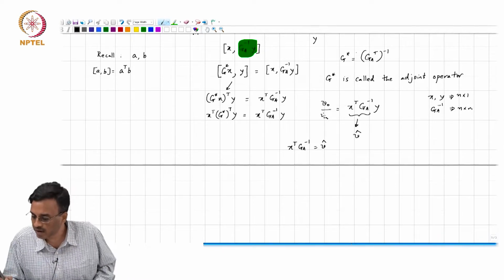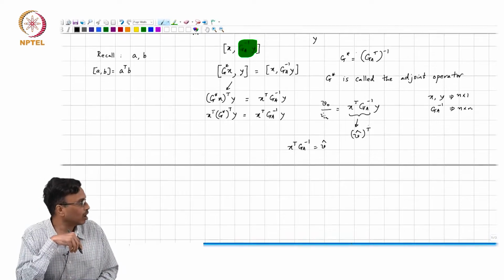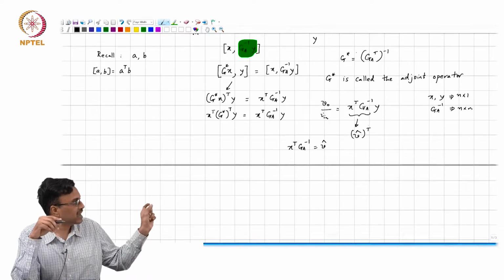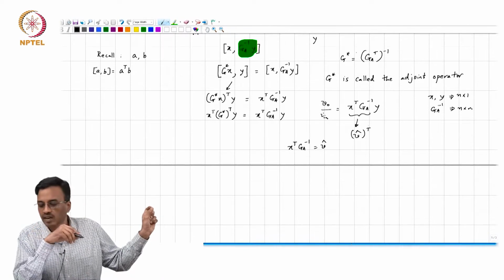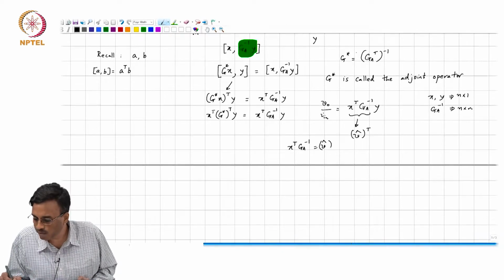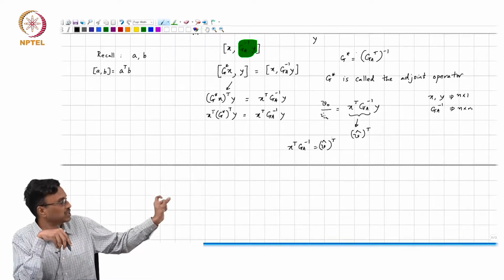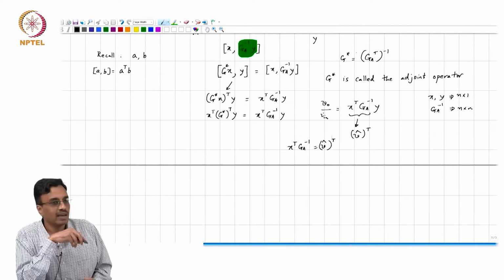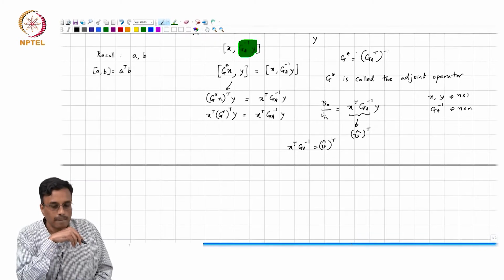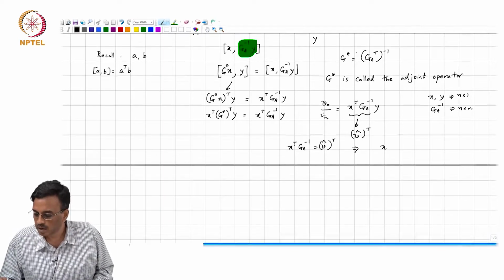I mean, let me call that V hat transpose, because I would like to call all my vectors column vectors. So, X transpose GA inverse is a row vector, and if V hat is a column vector, then it must follow that I can write X transpose GA inverse as V hat transpose, which is equivalent to saying, what does this mean?